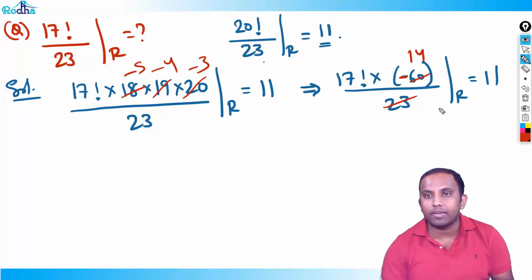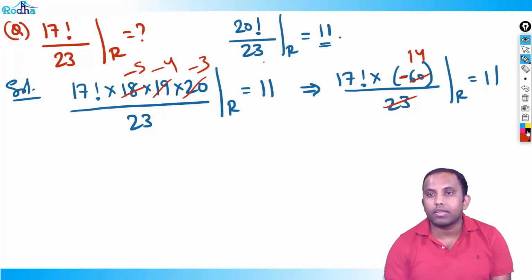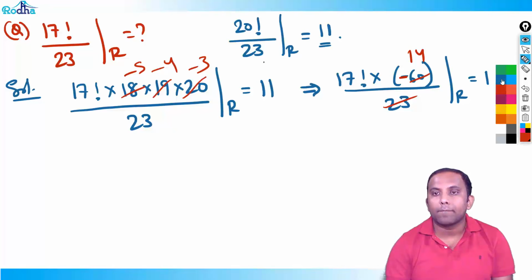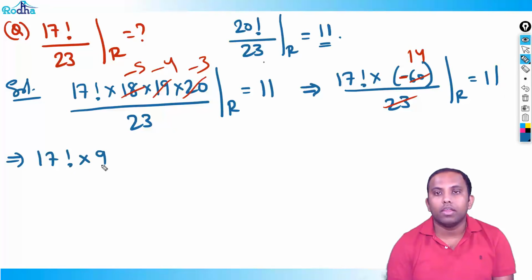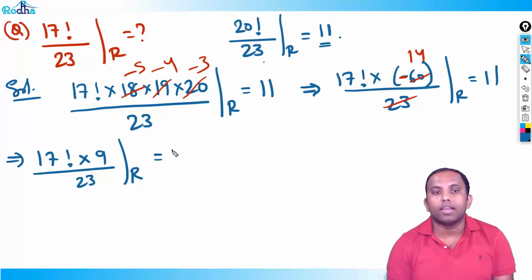So I can directly write here: 17 factorial into 9 divided by 23, remainder, and here it is 11. Now 9 will obviously come here, but 11 is not a multiple of 9.